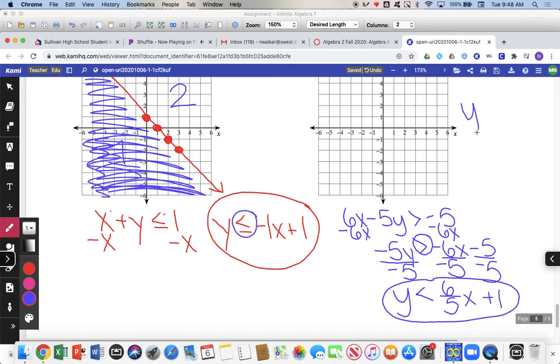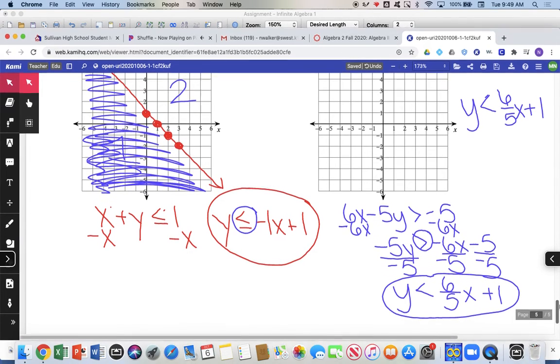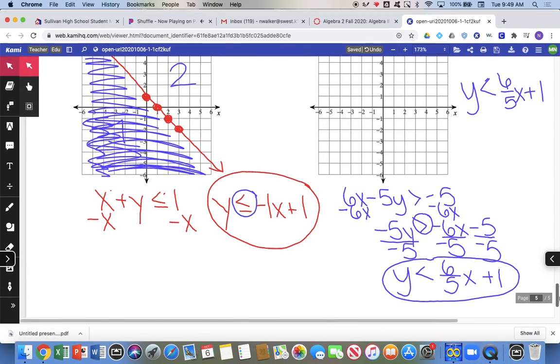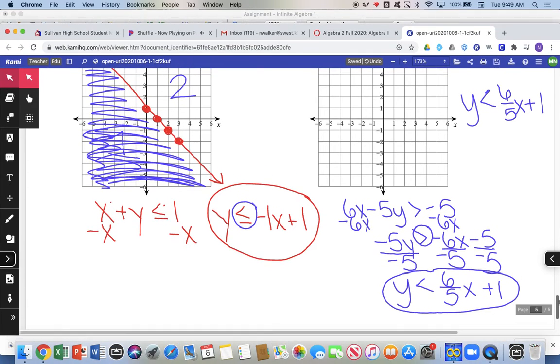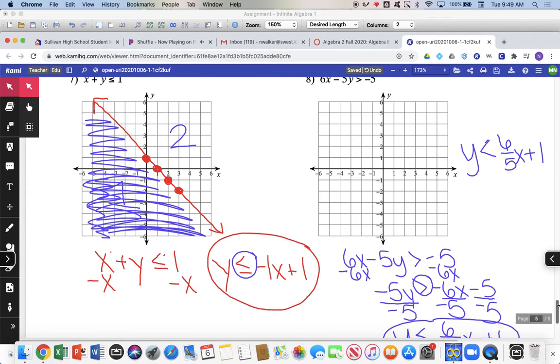I'm going to scroll that up just so I can get the entire graph in the picture. Okay, so we have y is less than 6/5 x plus 1.